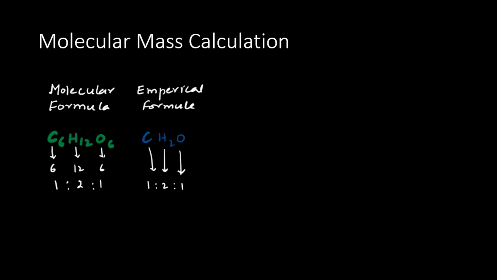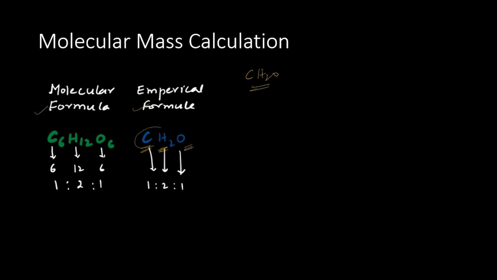Now, molecular mass calculation. What is molecular mass? Let's see first. Molecular formula we have calculated, empirical formula we have calculated. In order to calculate the molecular mass, we have to calculate the mass of individual atoms. For example, what's the atomic mass of carbon, what's the atomic mass of hydrogen, and what's the atomic mass of oxygen. So in case of this empirical formula, what will be the molecular mass?